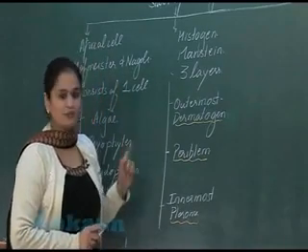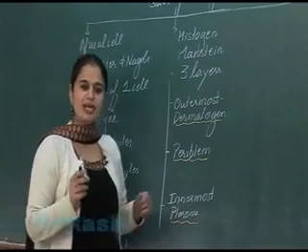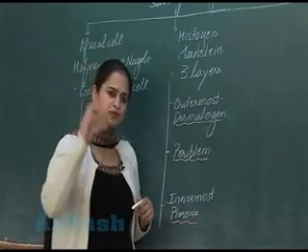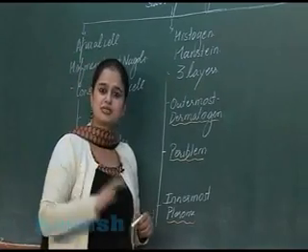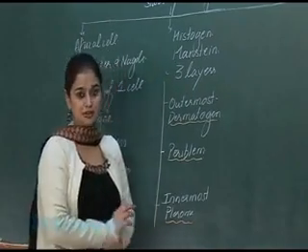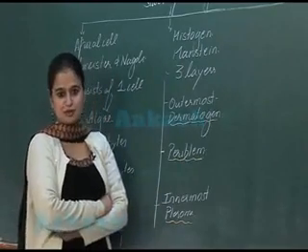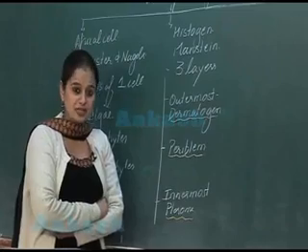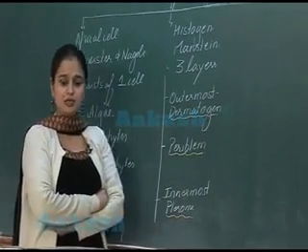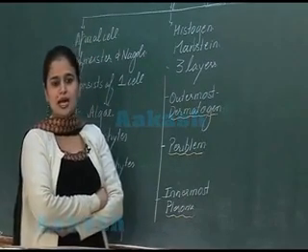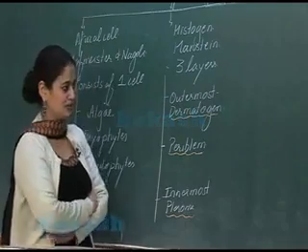Now before dealing with the function, I would like to tell you something about the different tissue systems present in the plant or present in the organ. In the organ, there is presence of three types of tissue system: epidermal tissue system, ground tissue system, and vascular tissue system.